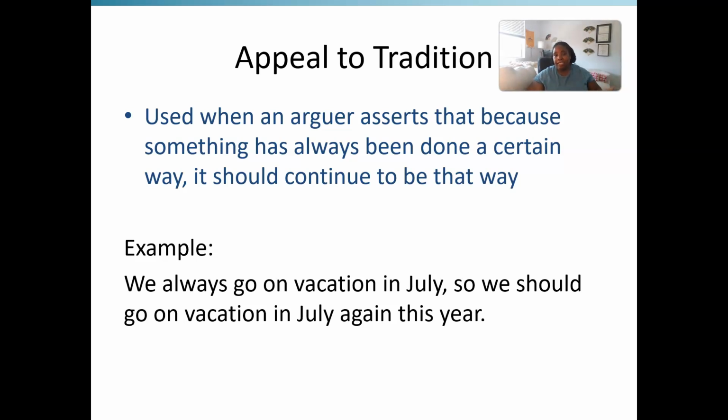So, we always go on vacation in July, so we should go on vacation in July this year. Well, true, July is a really cool time to take a vacation, but what about December when it's the holidays, or maybe take a vacation in April? Who knows? Just because it's July, that doesn't mean that's the optimal time. And just because you've done it before, that doesn't mean you can't switch it up and do something new.